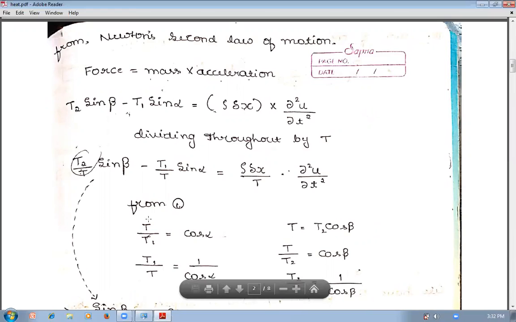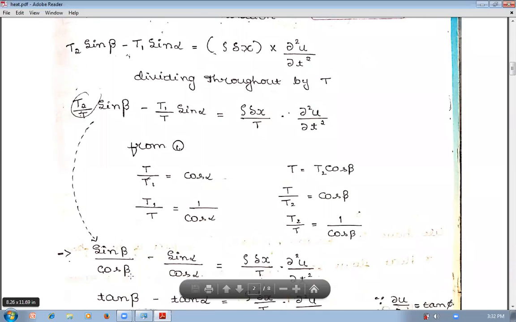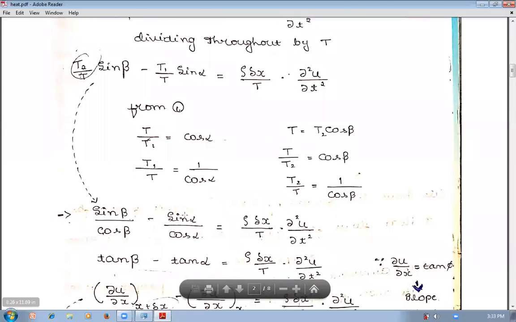So cos alpha = T/T1 and cos beta = T/T2. Taking reciprocals, we get 1/cos alpha = T1/T and 1/cos beta = T2/T. Put the T2/T and T1/T values: sin beta/cos beta minus sin alpha/cos alpha is equal to (rho delta x/T) ∂²u/∂t².